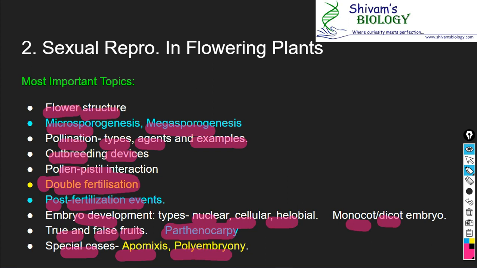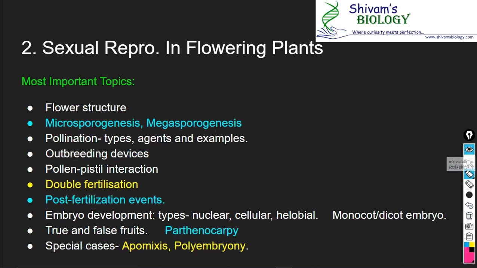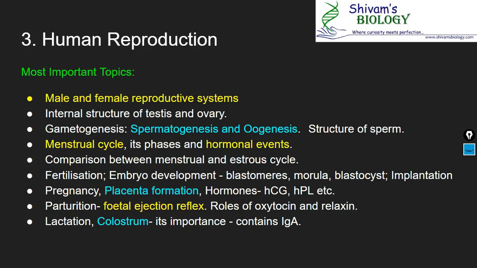Let's proceed to chapter number 3, that is human reproduction. In this chapter, firstly, the male and female reproductive systems are important. You may receive direct questions from the diagram, and if you understand the anatomy well, then in the next sections you can easily perform better.